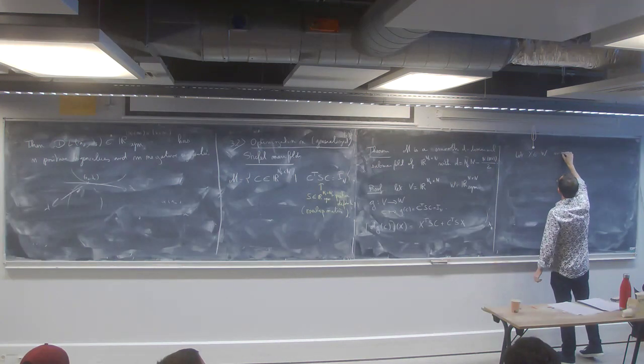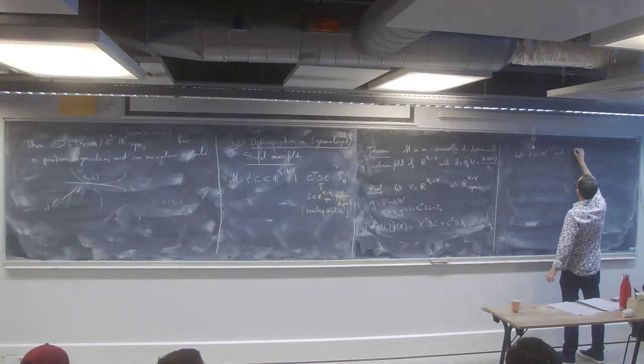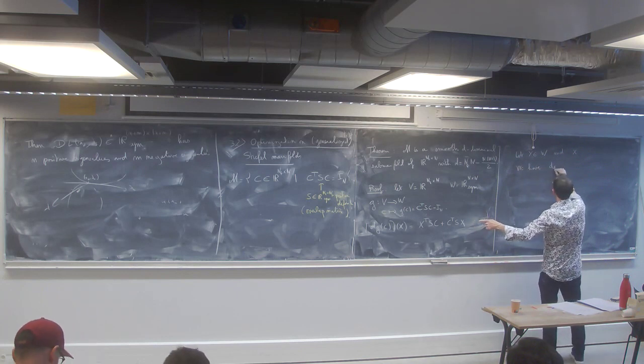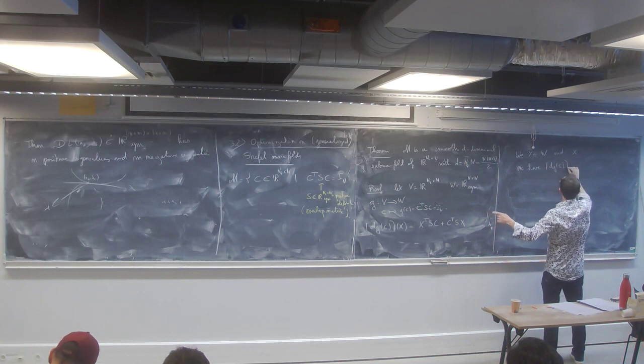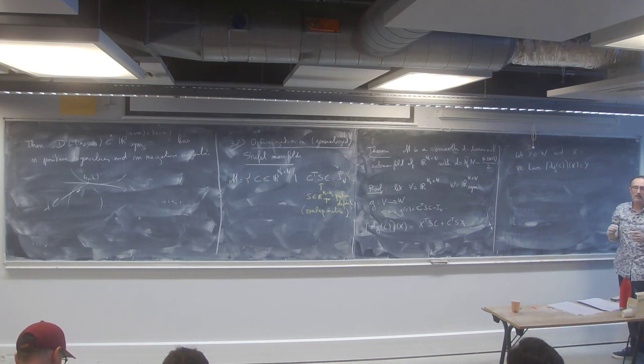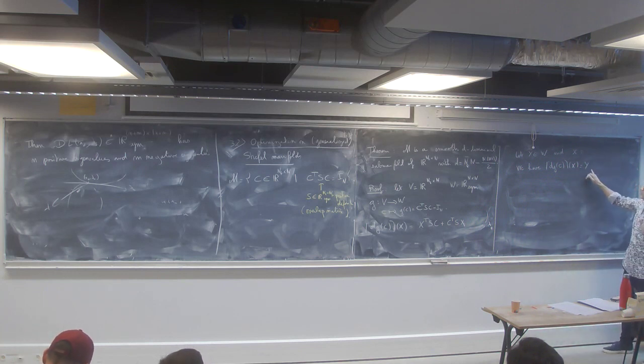And so what can I take for X? If I can find it, then I'm good, because this will prove that this map is surjective. That's the definition of surjectivity.